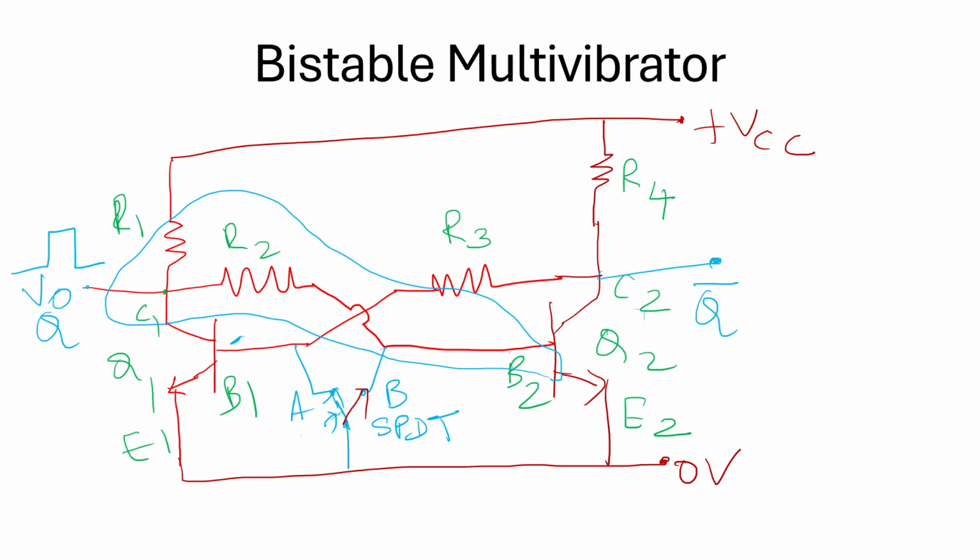And output will be generated by way of these combination of resistors R2, R3 and R4, thereby pushing an output at the reverse of Q. So here the output obtained will be of this manner.